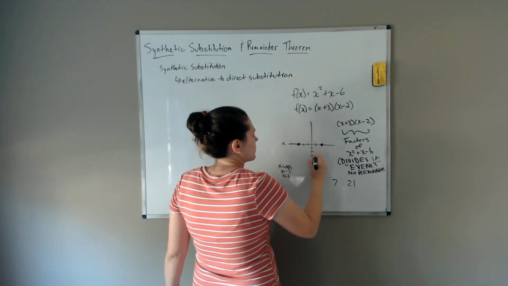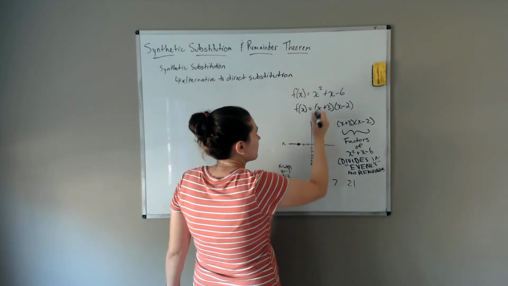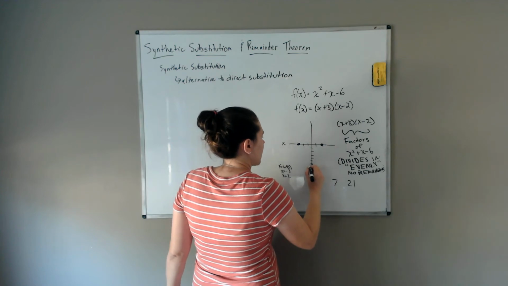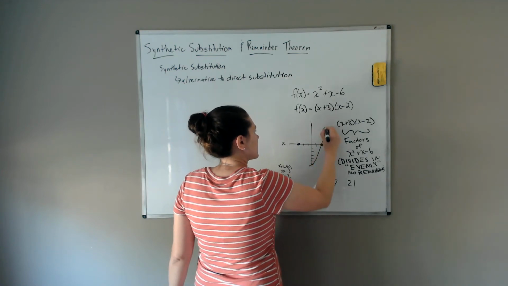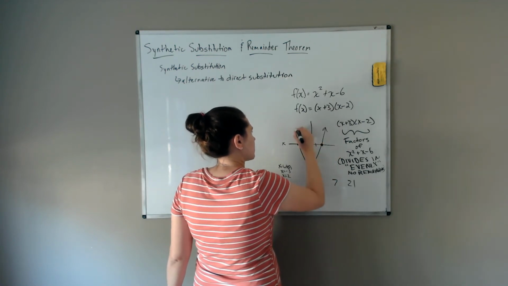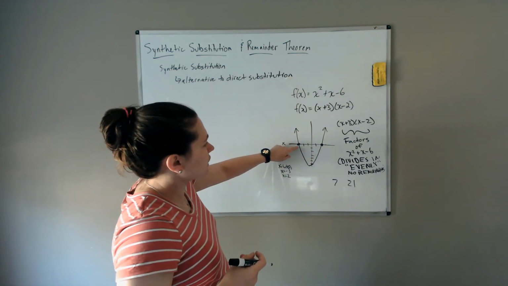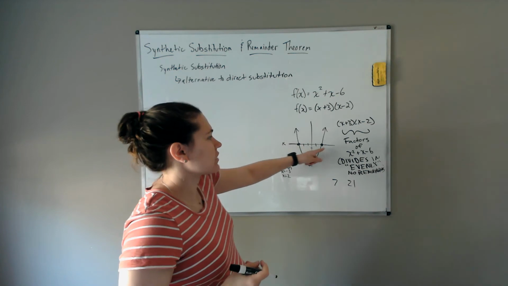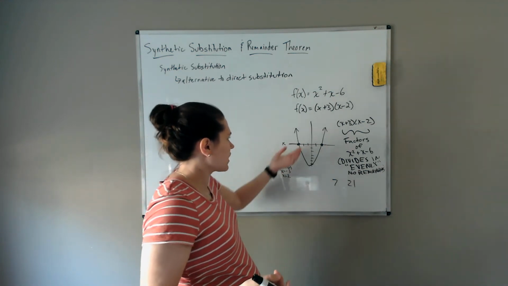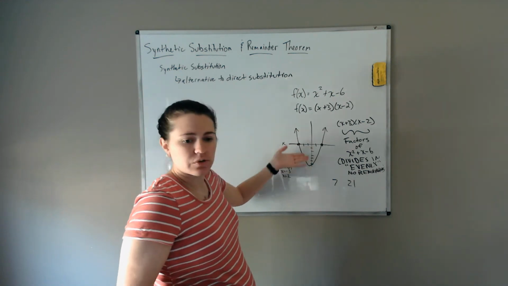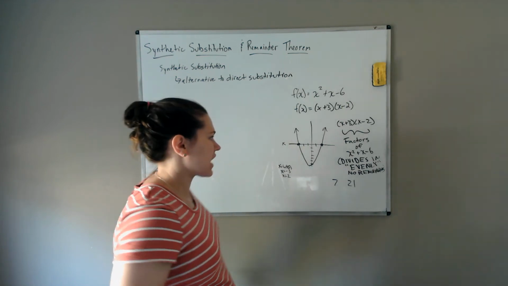And my vertex is going to happen at negative 1/2. It's going to happen somewhere down here. I'm just making a rough sketch of this. I just want you to see something. So just understand the values. When x is negative 3, you have an output of 0. When x is 2, you have an output of 0. And your graph is just visualizing all of your inputs with their corresponding outputs here.